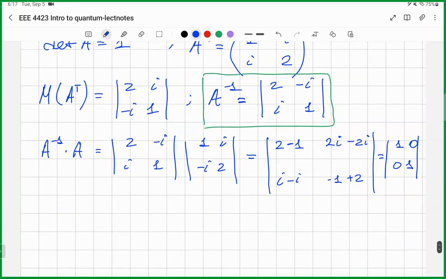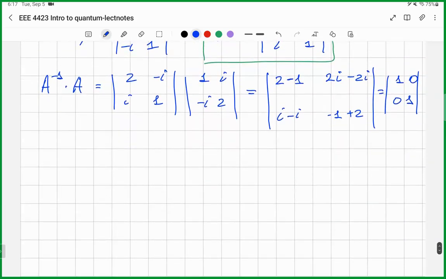Important note about the inverse matrix.